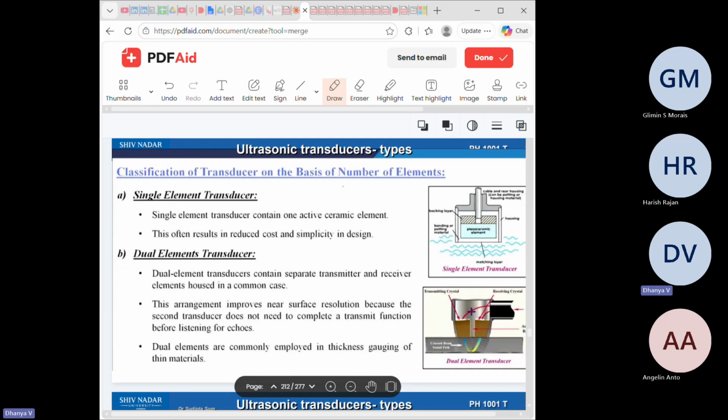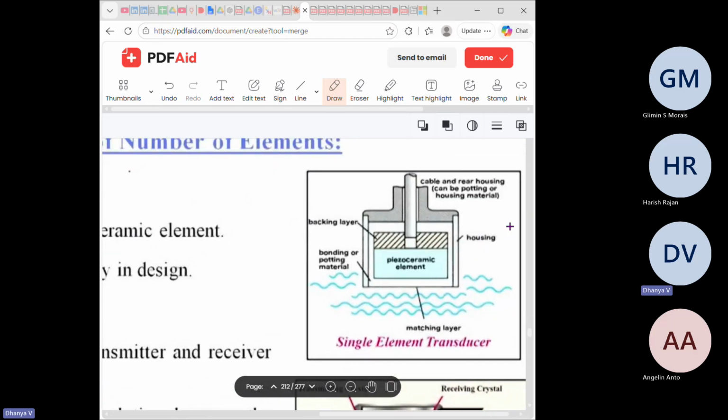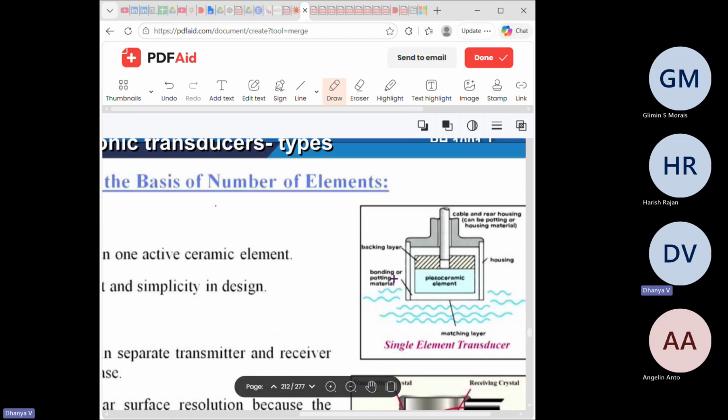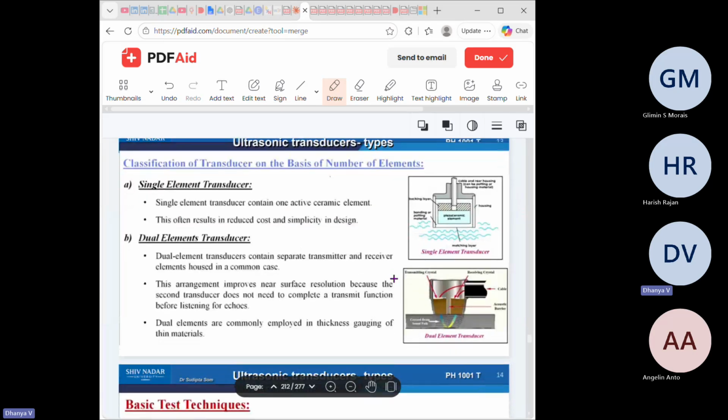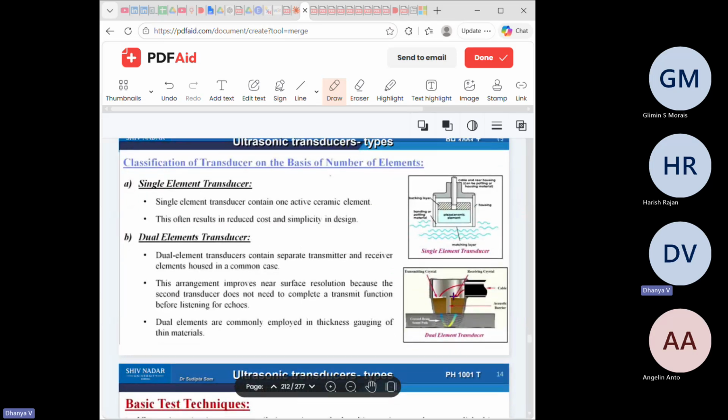Okay, then classification of transducers on the basis of the number of elements. So single element transducer contains only one active element. This often results in reduced cost and simplicity in design. So there's just one active element that is present. And in a dual transducer, there are two transducers.